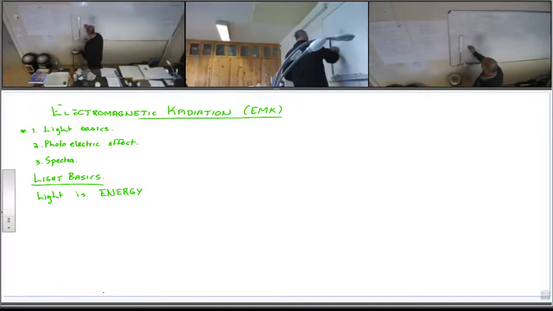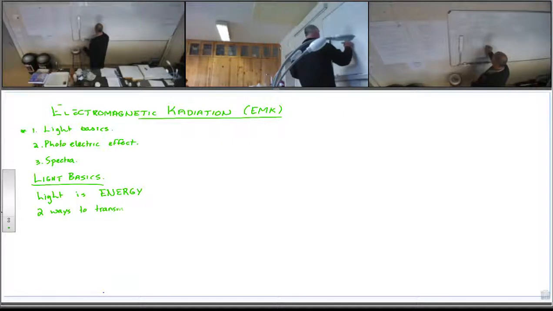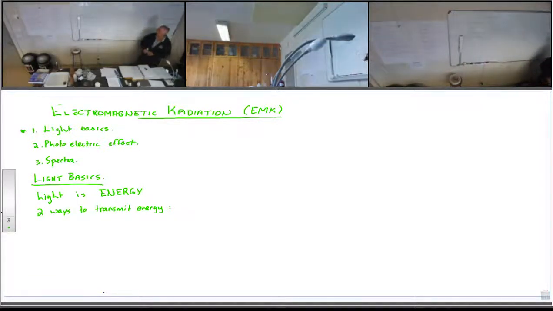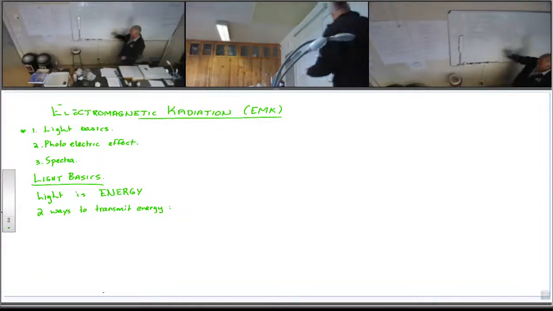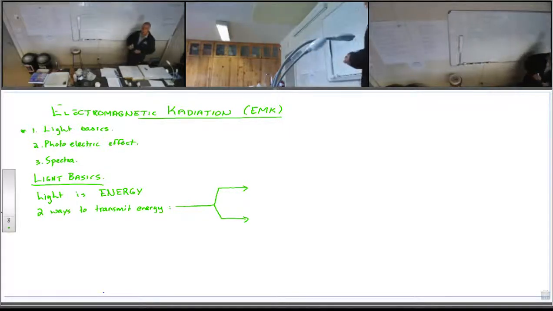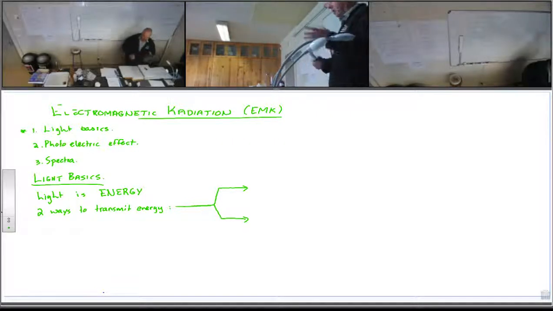We also said there are 2 ways to transmit energy. What are the 2 ways to transmit energy? Contact and non-contact, but when we're dealing with light, the whole concept of contact and non-contact becomes blurred.